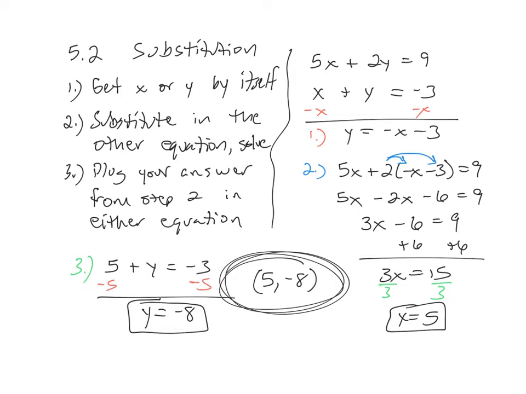So in my opinion, if you have x or y by itself, like we do over here, I would use substitution, and I would solve for x or y like I just did this problem. I think it's going to be easier than doing an elimination problem, which we're going to talk about next.